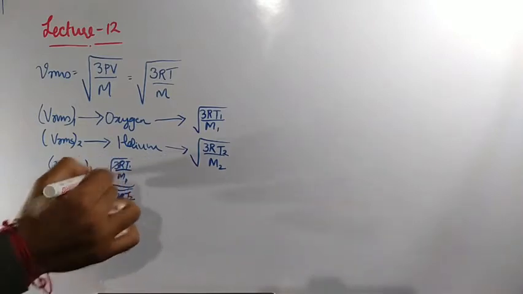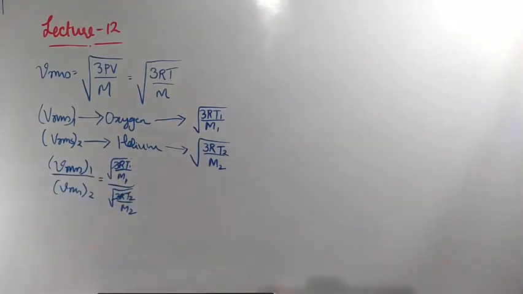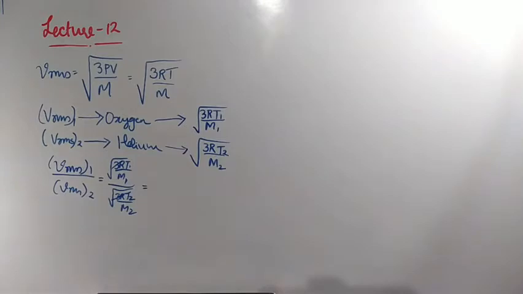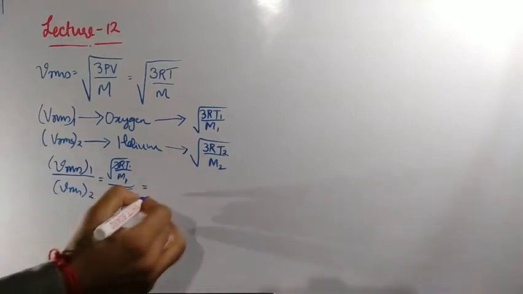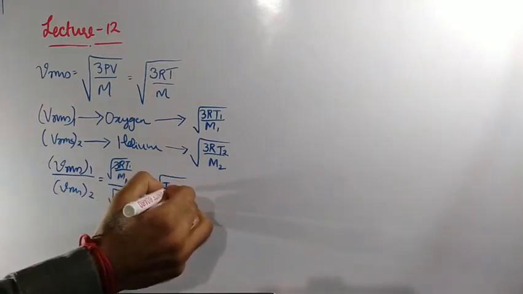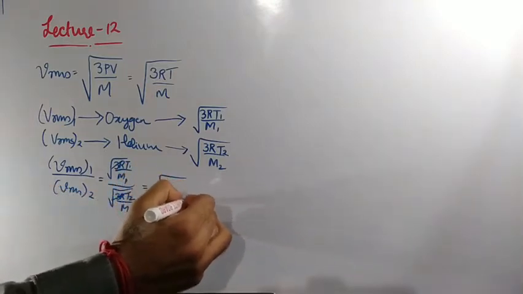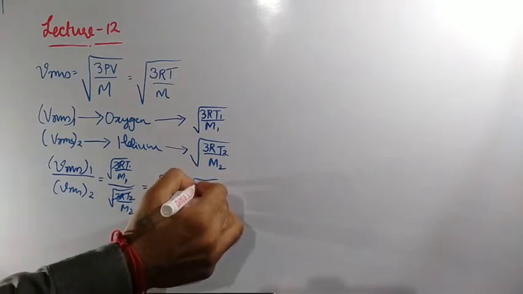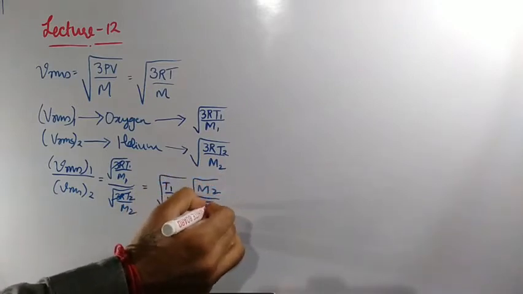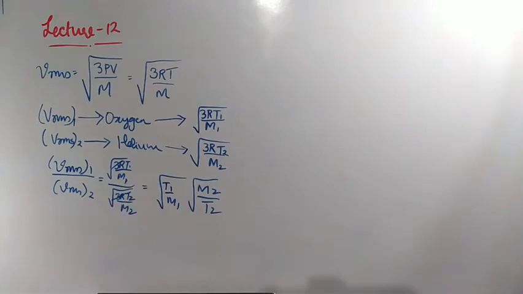From here 3R will get cancelled. What remains inside the root is root of T1 by M1 in the numerator and root of M2 by T2 in the denominator. Clear?